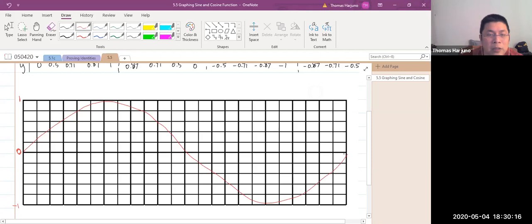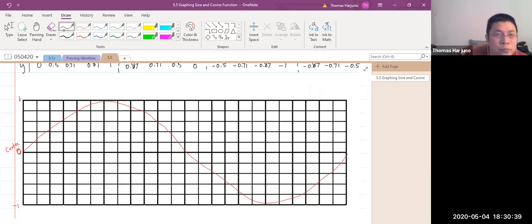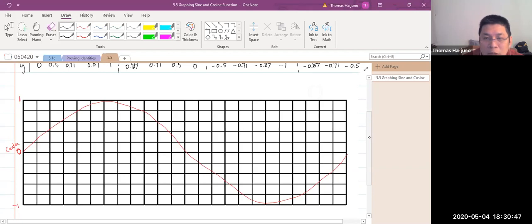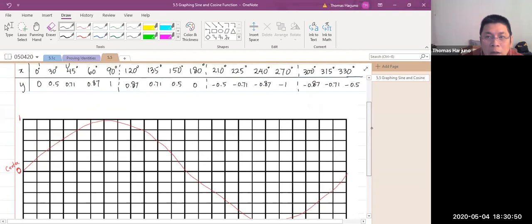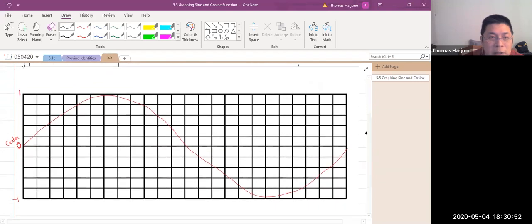That's approximately what it looks like, which means the center is 0, and the graph goes up and down at most 1, up to positive 1 and down to negative 1. So you will see the center is 0. The amplitude is 1. Now, the sine function makes one full cycle at 360 degrees.